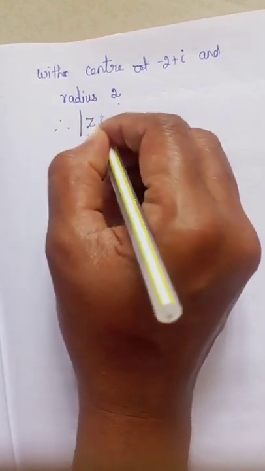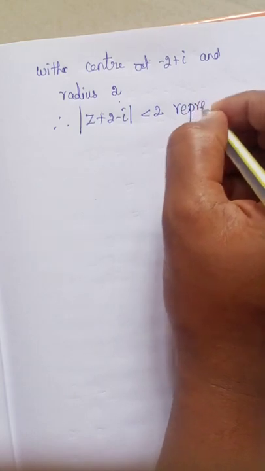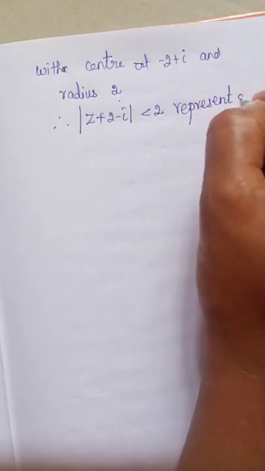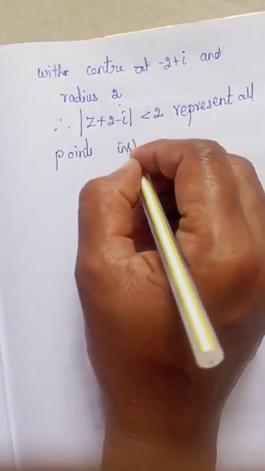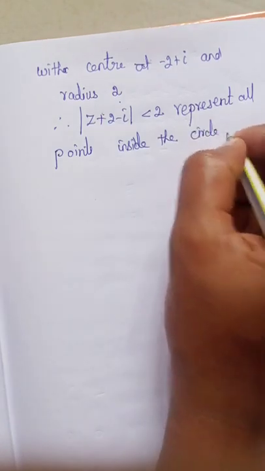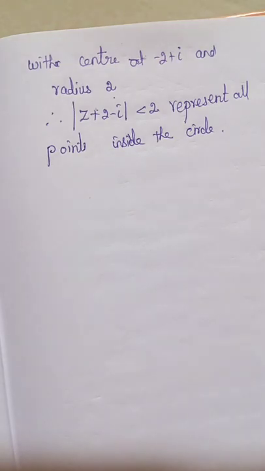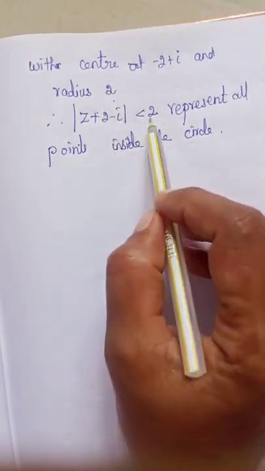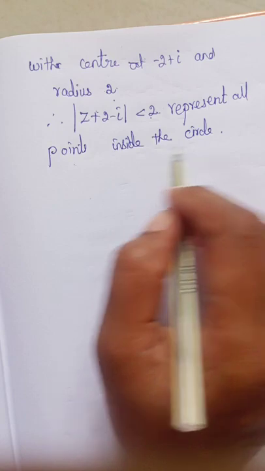Therefore, modulus z plus 2 minus i less than 2 represents all points inside the circle. That's all. So they have asked us to show the points. So first we have to find out the radius. If the radius and the given value are almost the same, we can say that the points are inside the circle. Okay.